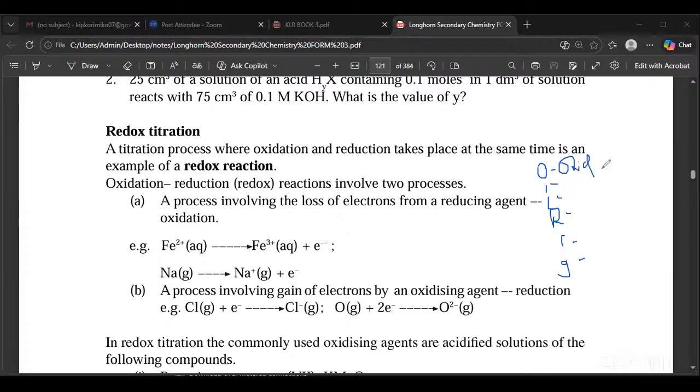You can write it also somewhere, if you are taking notes, it will help you. Oxidation is losing electrons. Losing, with a single O. Losing electrons.